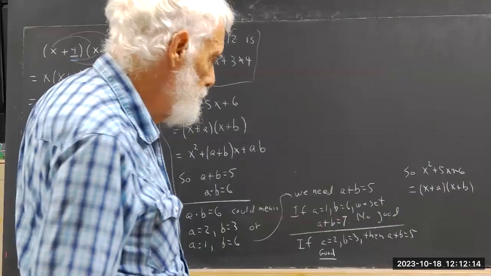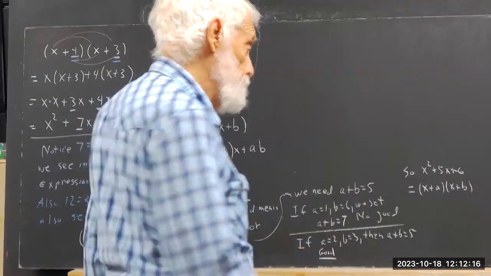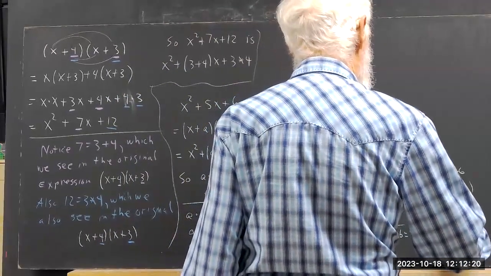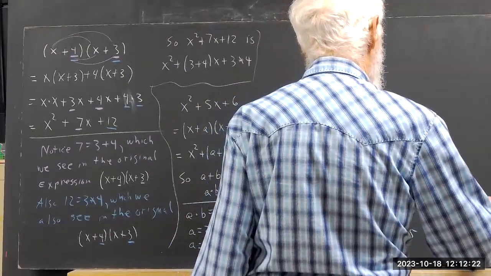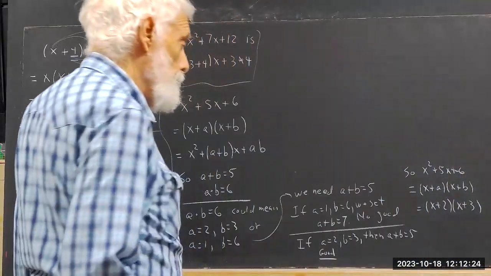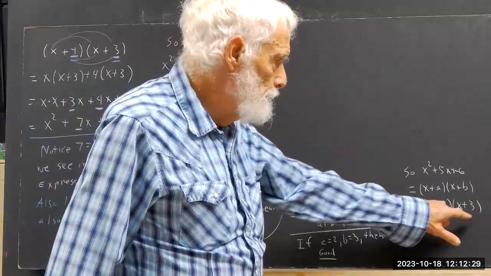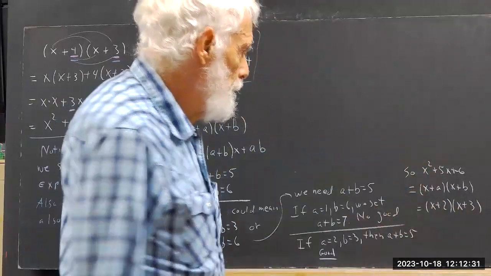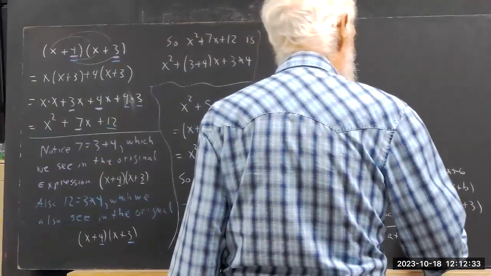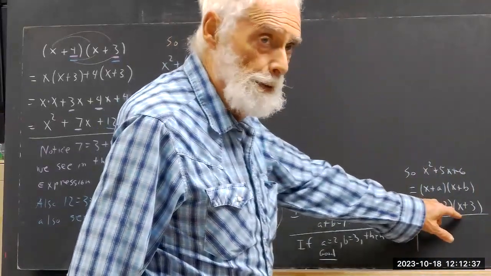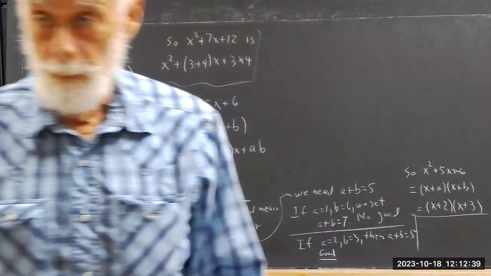But now we've determined that a has to be 2 and b has to be 3. And there we have it. If a is 2 and b is 3, this multiplies out. And let's multiply that out to check. What do you get if you multiply x plus 2 times x plus 3?